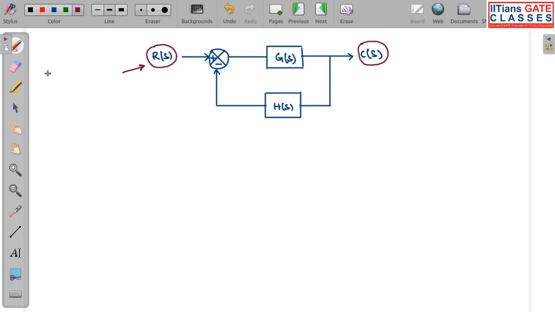So this input is known as your source node and this is your sink node. Okay, sink node. Then whenever there is an adder, we consider it as one of the nodes, and the takeoff points also we consider as one node. So there are in total 1, 2, 3 and 4 nodes over here.